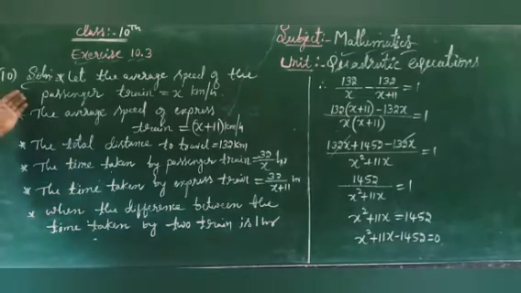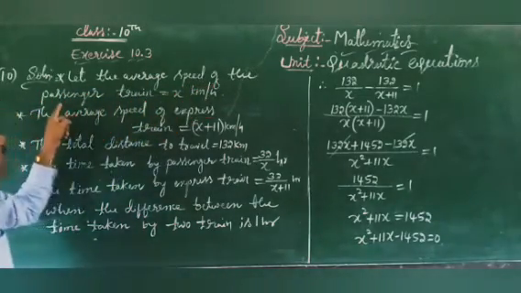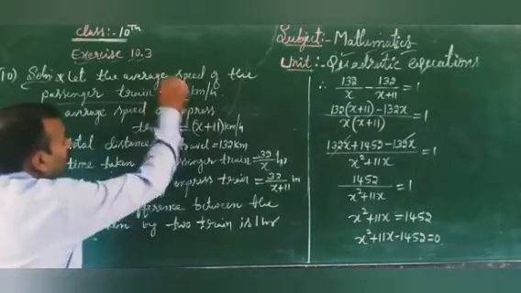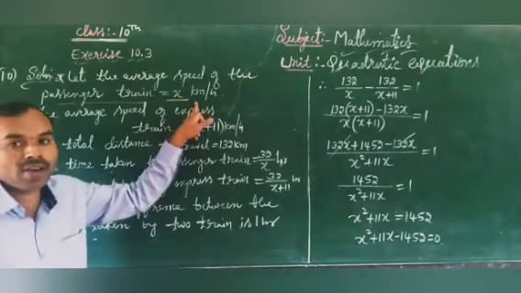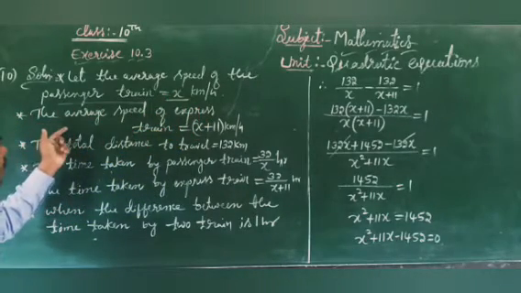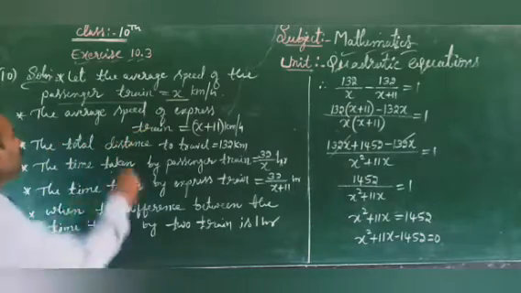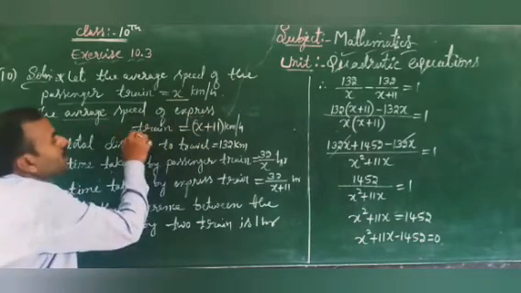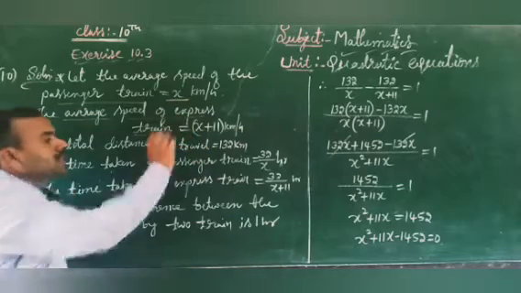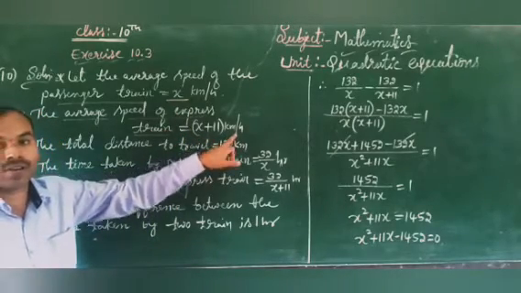Take the solution. Let the average speed of the passenger train equal x km per hour. The condition is given: the average speed of the express train is x plus 11 km per hour.